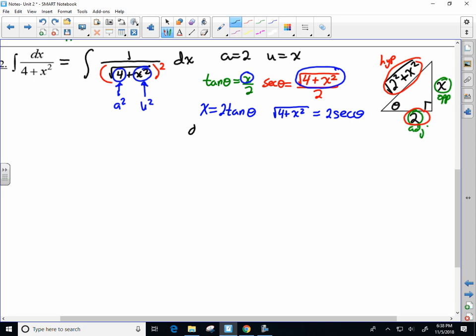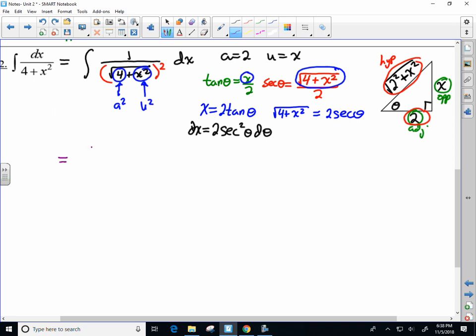All right, so dx is equal to 2 times secant squared theta d theta. Also need to know things like the derivative of tangent is secant squared. Hopefully that's something you know, but if not, definitely put it on the list of things to know.